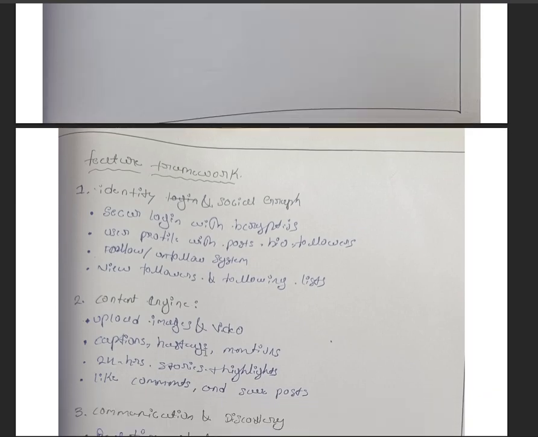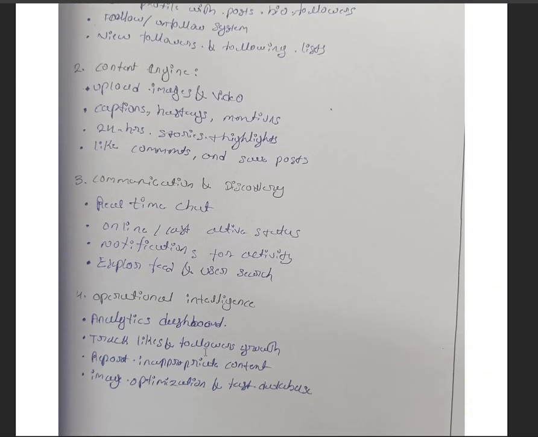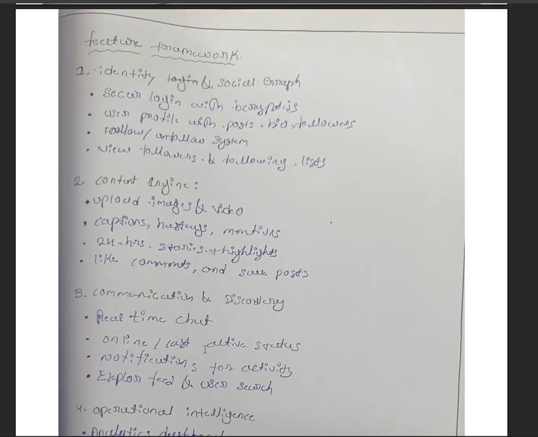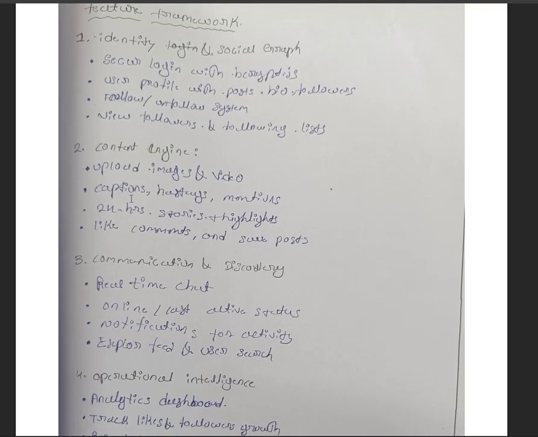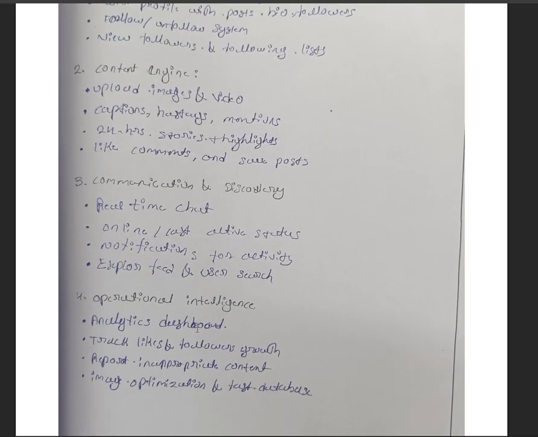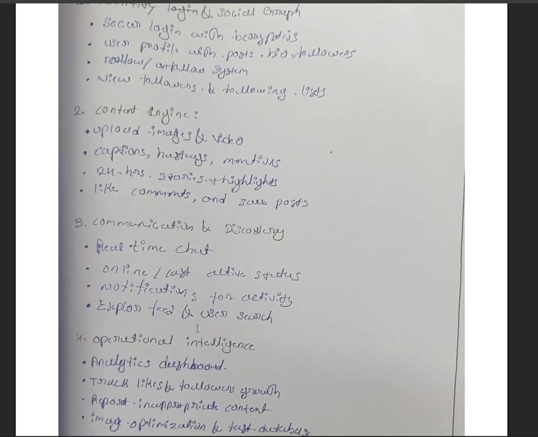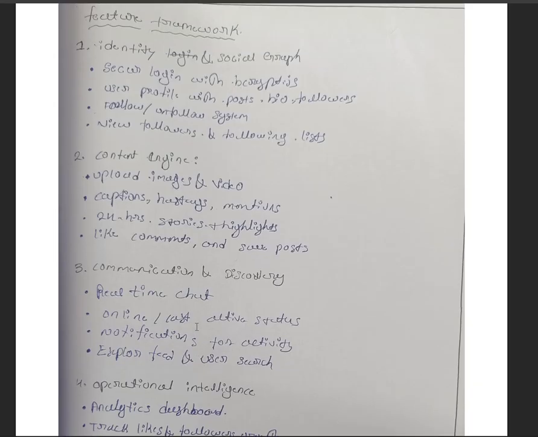Next is future framework. There are four types of future framework: identity and social graph, content engine, communication and discovery, and operational intelligence. Now we explain identity and social graph: secure login with encryption, user profile with posts, bio, followers, follow and unfollow system, and view followers and following lists.